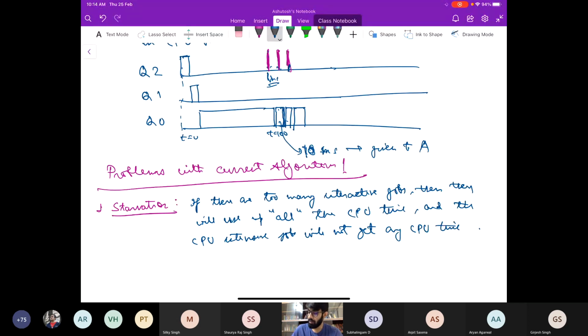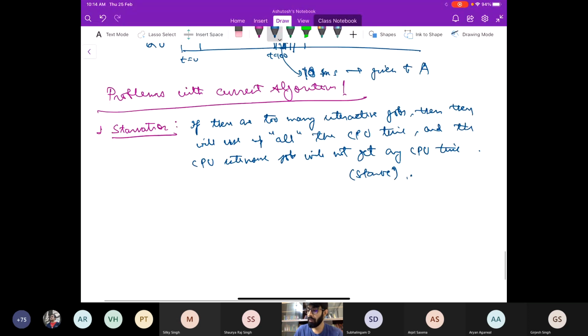And they will starve. So this is what is known as starvation. Okay. Good. So this is one problem with this approach.